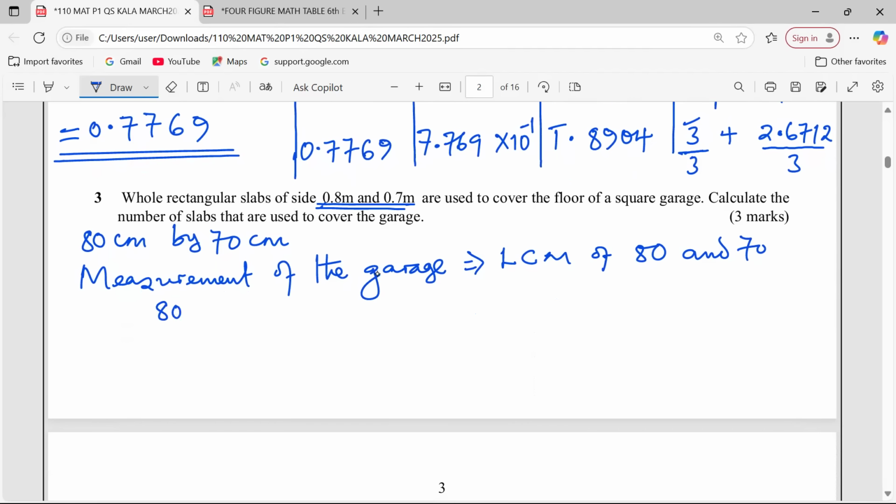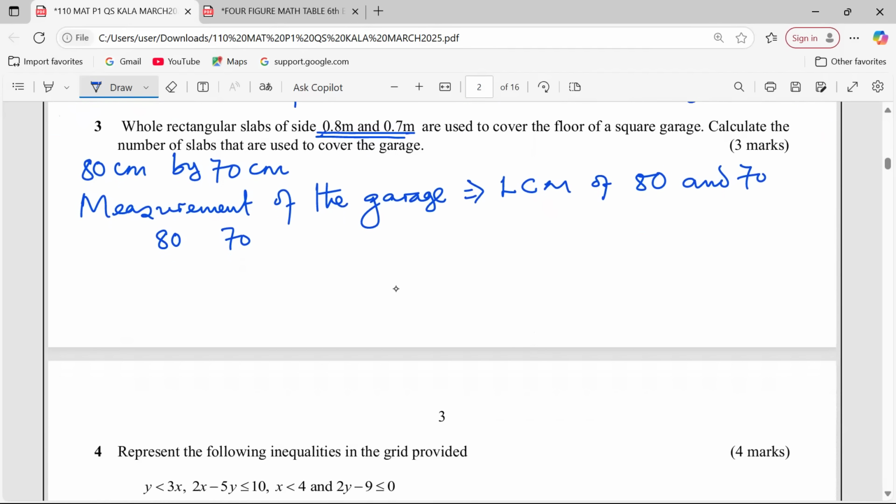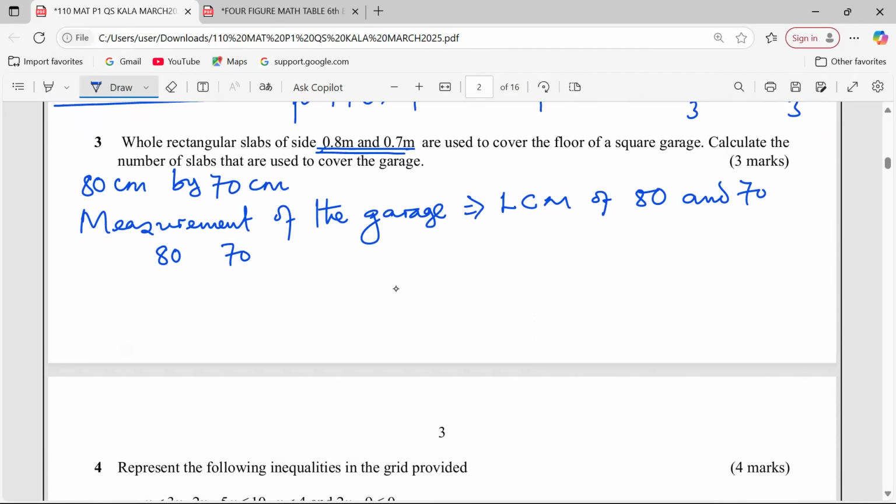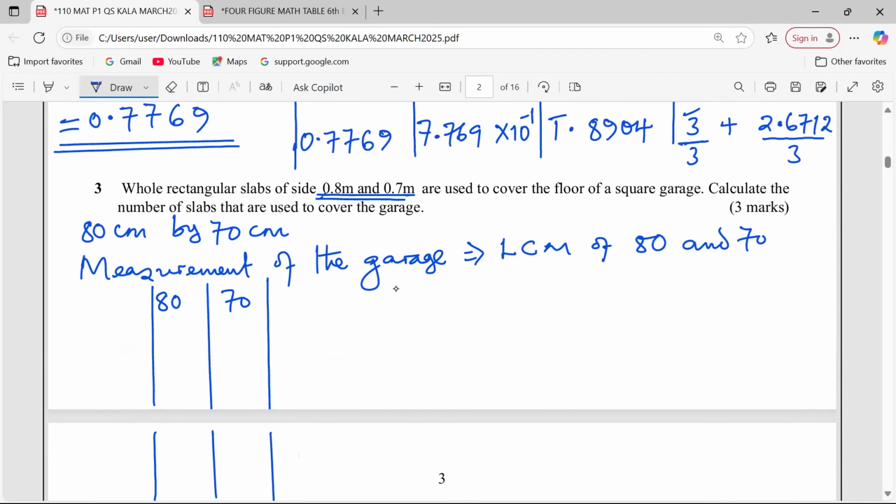So with 80 and 70, we find the LCM, going to factorize this. I'll be explaining something about these particular settings. There are some settings where you have to find either the LCM or the GCD. And in such cases, ladies and gentlemen, you're supposed to know this.